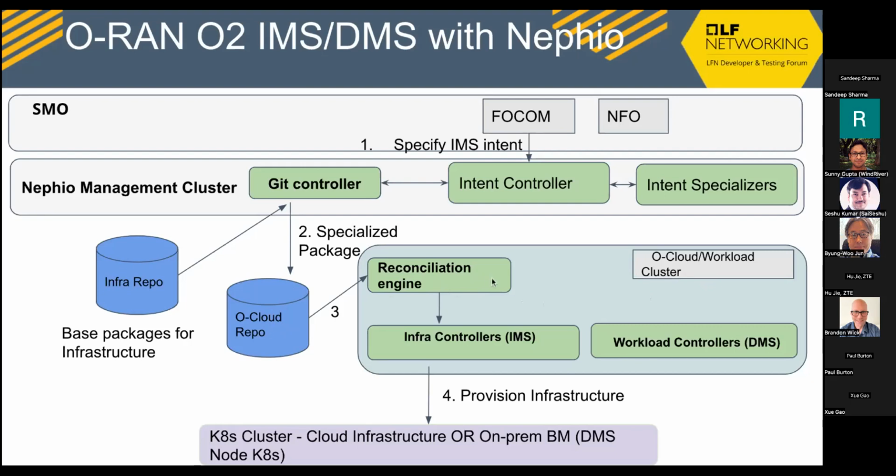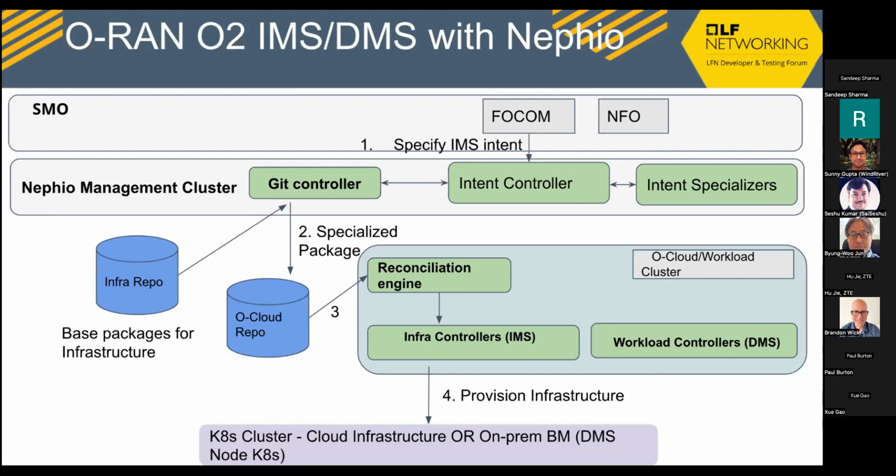At this point, it will see that there is a new package pushed here and reconcile it, and as part of the reconciliation, it will end up creating an EKS cluster.